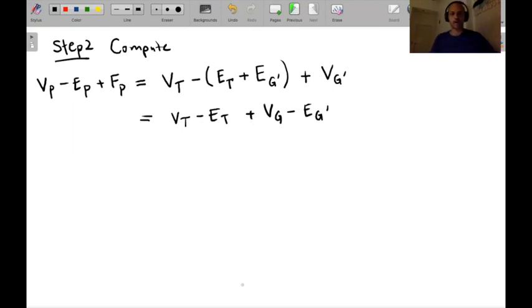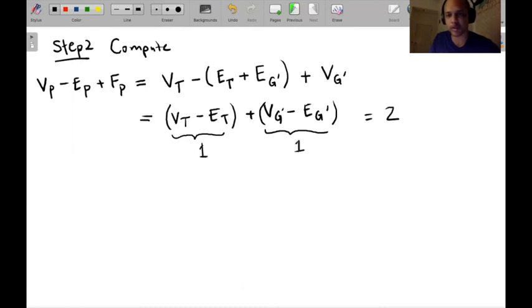And if you are keeping up at home, then you should be salivating at this point because we are almost there. So now we have this expression for T and G prime. These are both trees. And we know that the Euler number for a tree is always 1. So this is 1, and this is 1. And so the sum is 2, as desired.